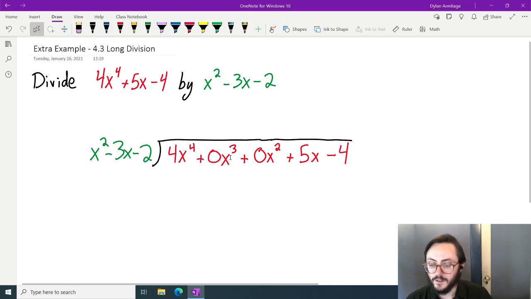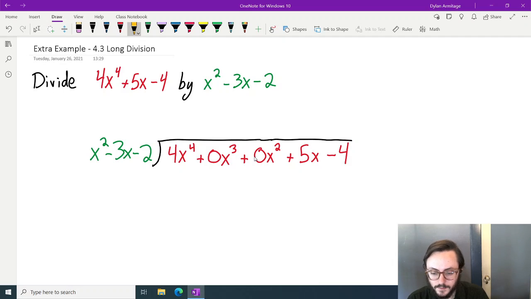So we want these 3 terms here, and that is what we'll start with. We can also see that if we take 4x to the fourth, the very first term, and divide it by the first term of our divisor, x squared, when we reduce this fraction, we get 4x squared.